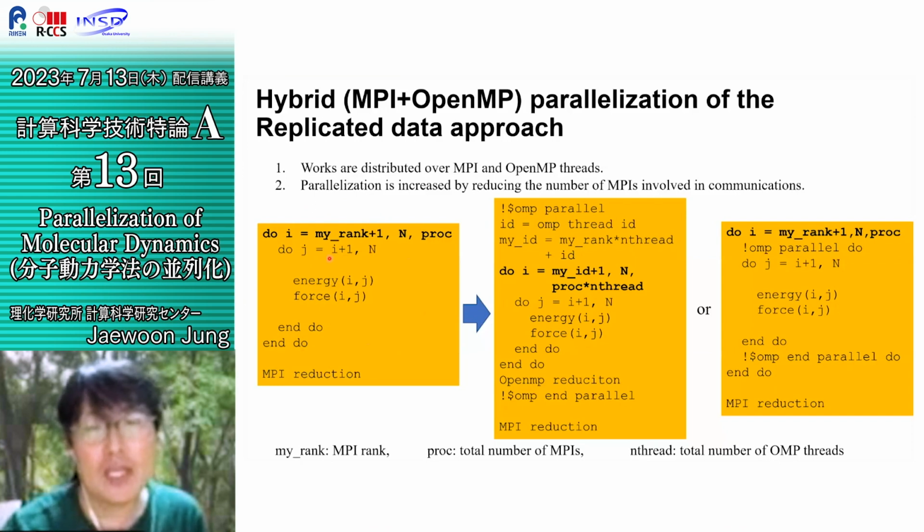But if we have a hybrid parallelization, then we can make a new ID identifier by combining the MPI rank number and the OpenMP thread number. Like the MPI rank, in OpenMP parallelization, we can assign the OpenMP thread identifier to each processor.